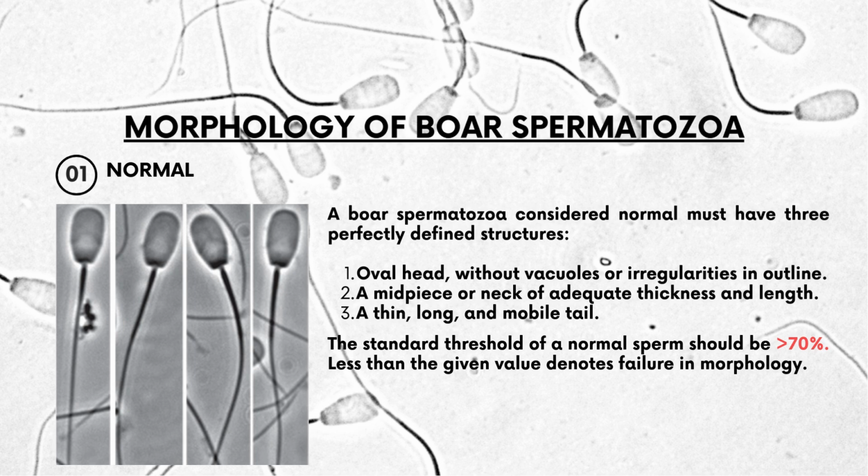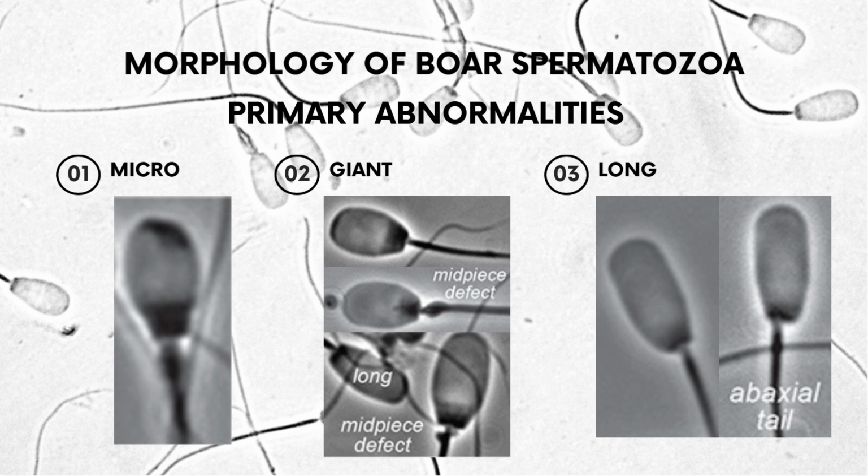As usual, the standard threshold of the sperm's morphology should be greater than 70%. The following slides show morphologic characteristics similar to those of the bull and stallion spermatozoon. A spermatozoon is considered to be morphologically abnormal when it presents one or more of these altered structures.